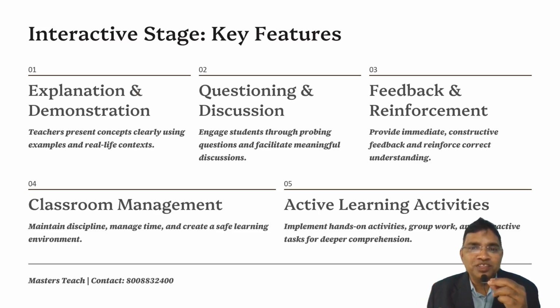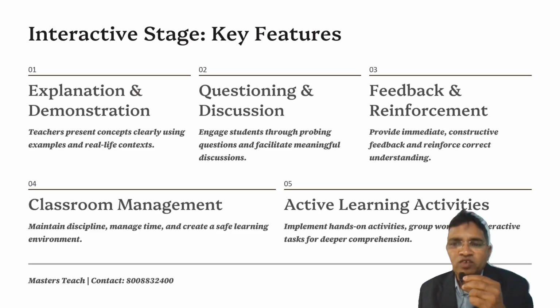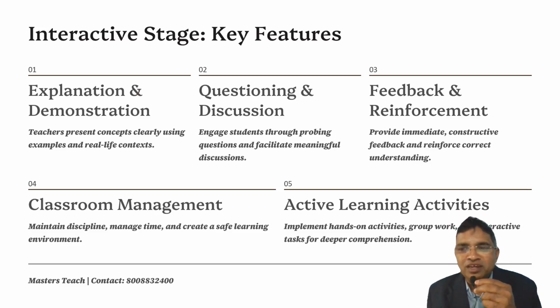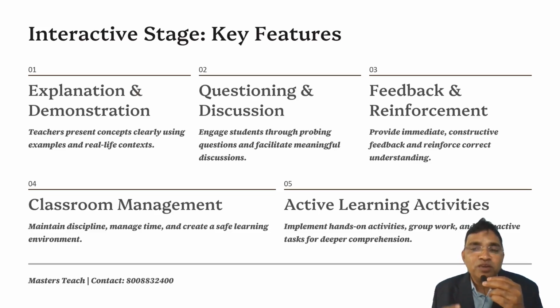Questioning and discussion should be there so that students can engage, and you have to probe the questions to get meaningful discussion. If somebody has done something good, you have to give feedback immediately. Immediate feedback is necessary, and feedback should also be constructive, reinforcing correct understanding.